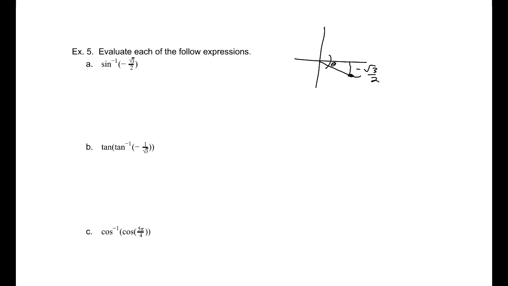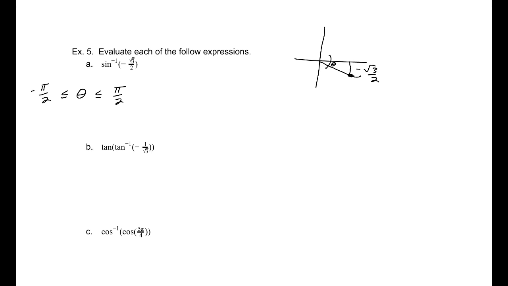Well, based on that chart we worked with. Let me also remind us that our angle must be between pi over 2 and negative pi over 2. Well, that angle would be a negative.